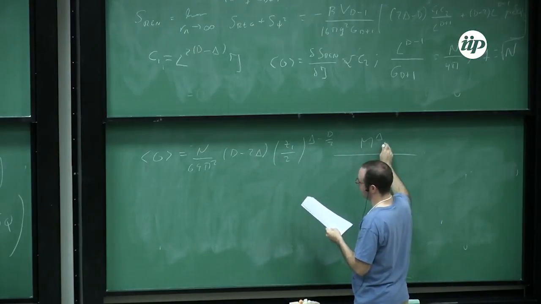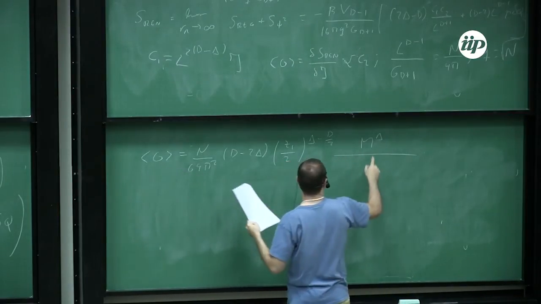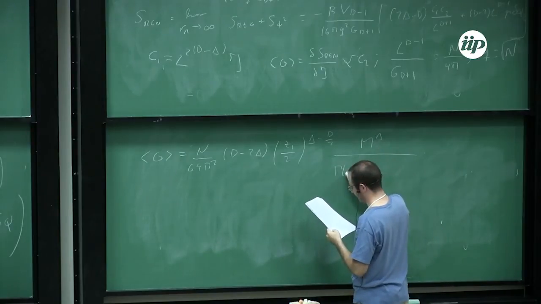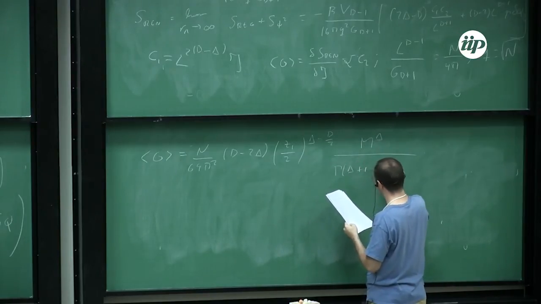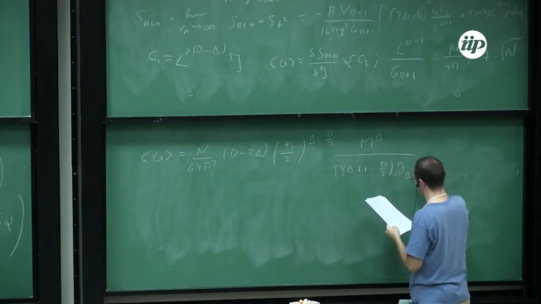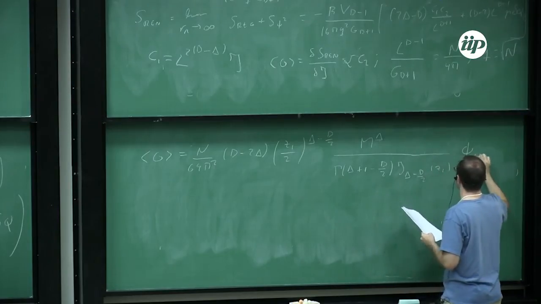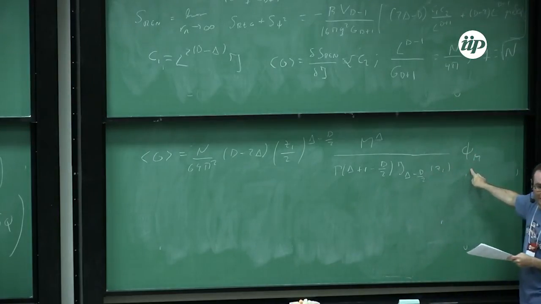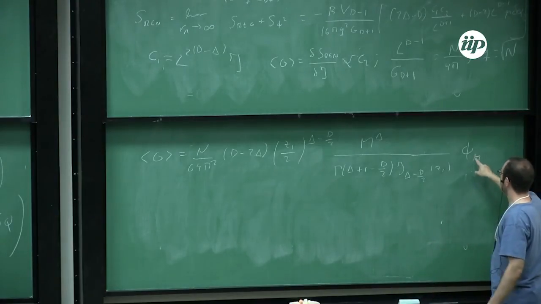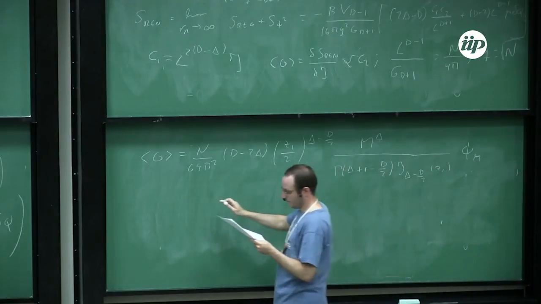So this fixes the dimension of the operator to be delta, and this is having the right dimensions. And there are a few other numerical factors. And it's proportional to the value of the scalar field at the horizon. Okay, so you could also use this relation to relate the value of the scalar field at the horizon to the expectation value of the dual operator.